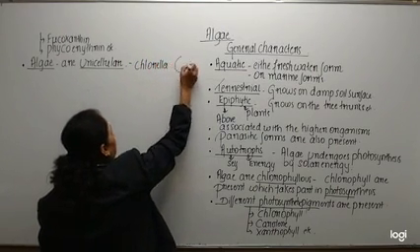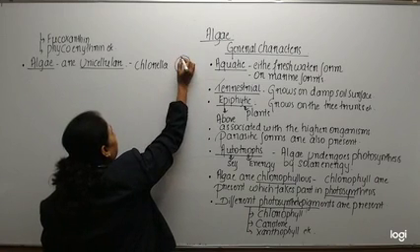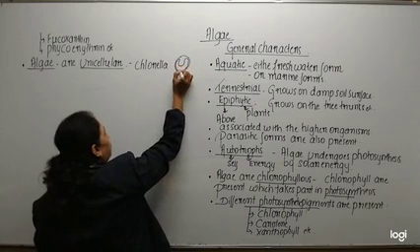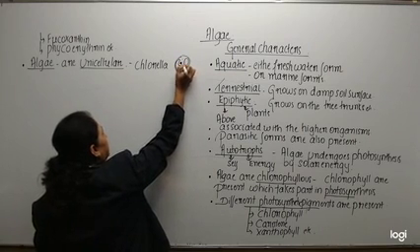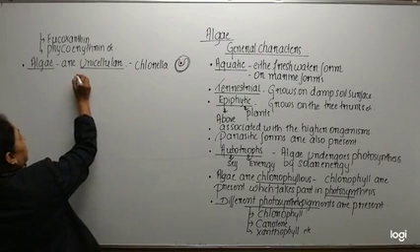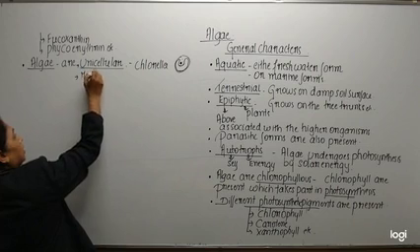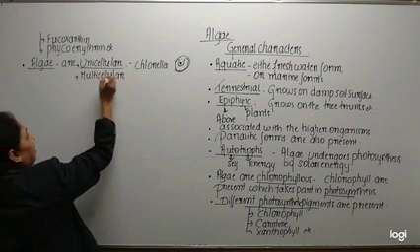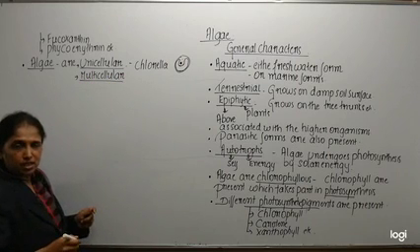Chlorella is a unicellular form, a single cell. And in some cases we find multicellular algae made up of many cells.